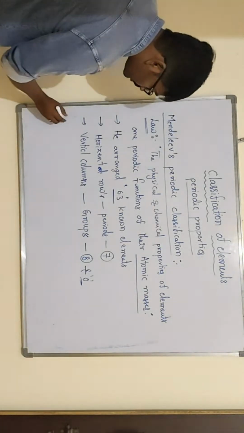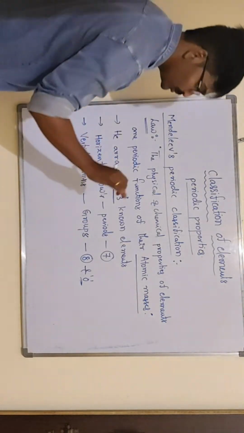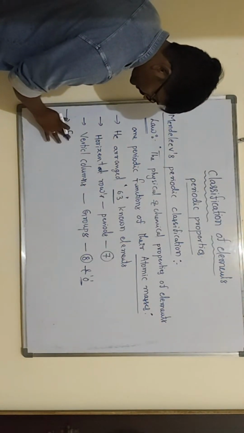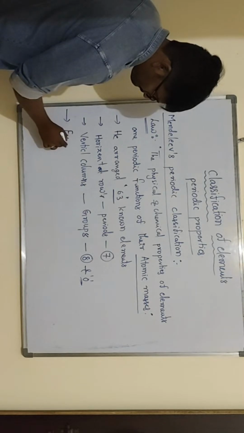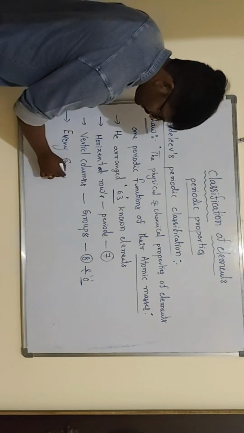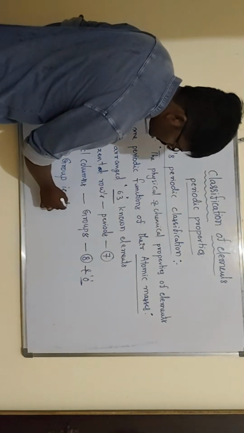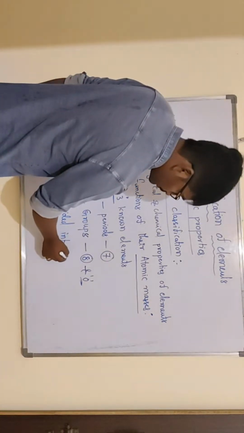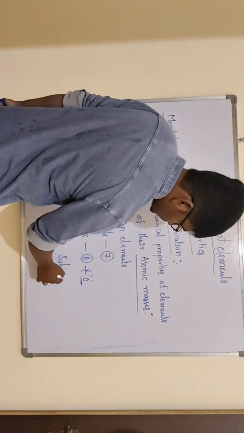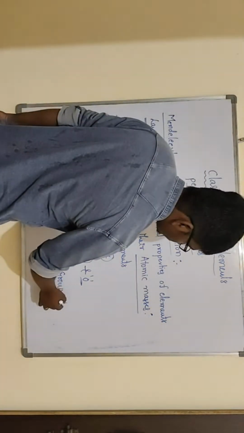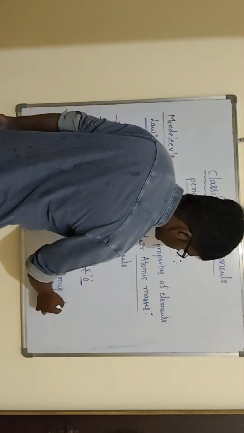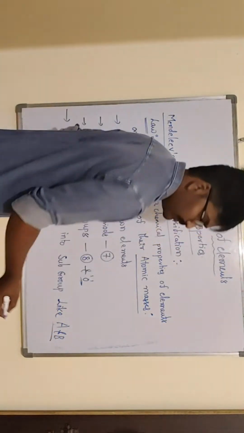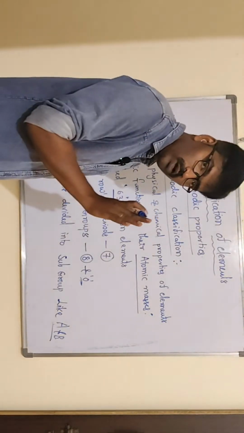Every group is divided into subgroups A and B. For example, group number 1 has 1A, 1B.